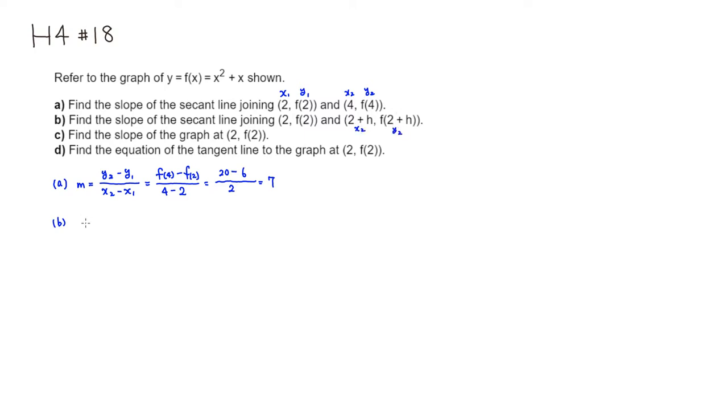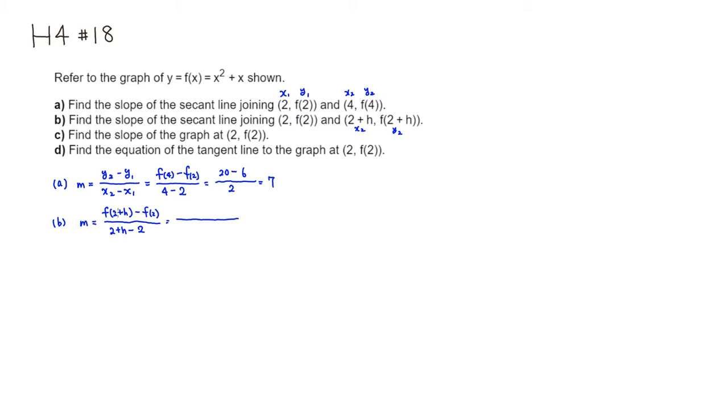So the slope here is going to be y2, which is f of 2 plus h, minus y1, which is still f of 2, over 2 plus h minus 2. Then we just need to compute these.